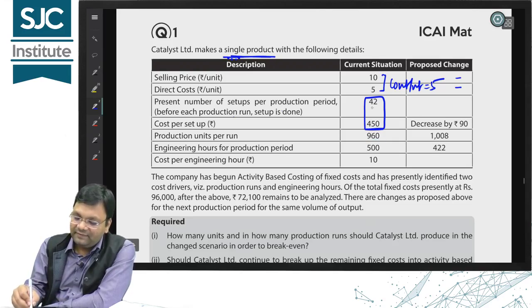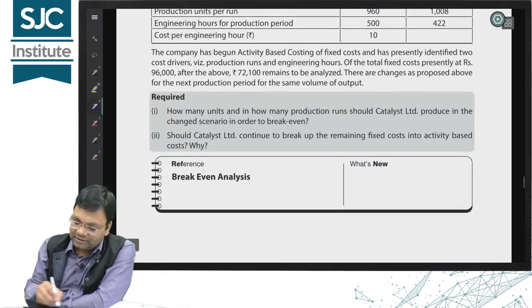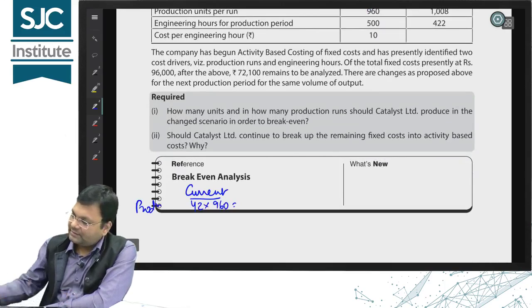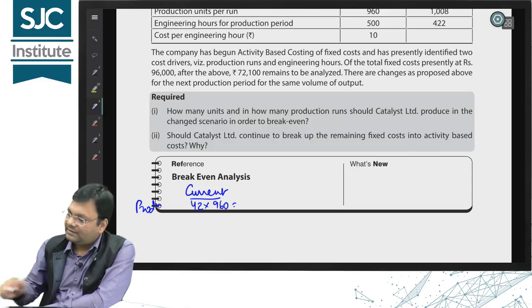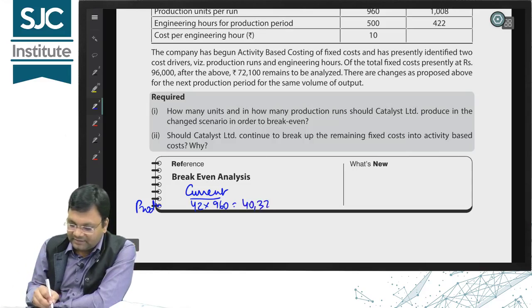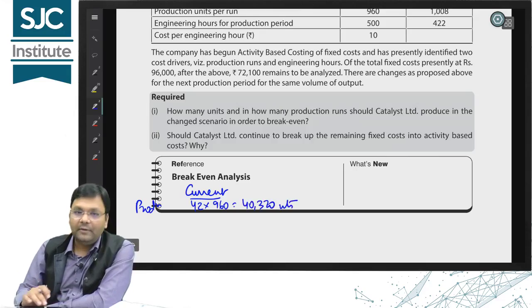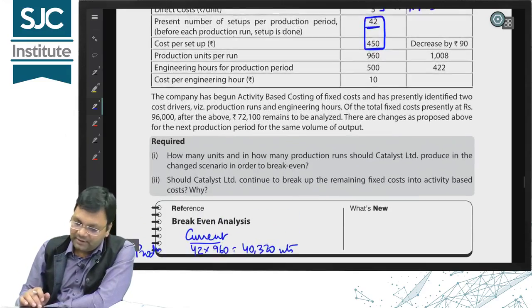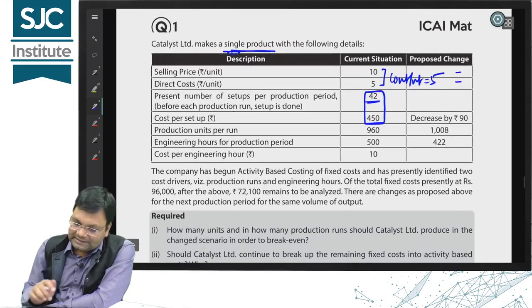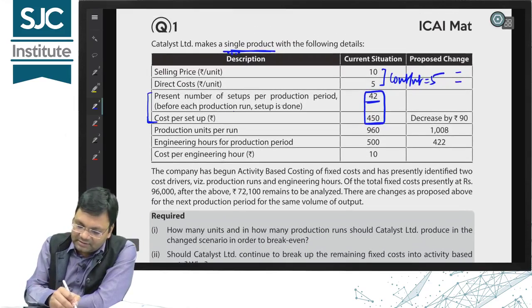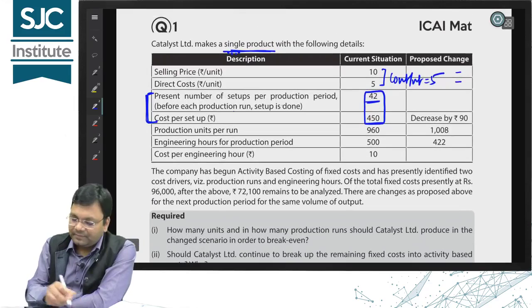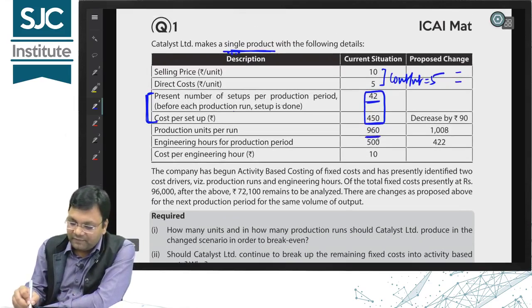So in total, if we have 42 setups, what is the current production? 42 into 960 is 40,320 units. So from the number of setups I have got the number of units.